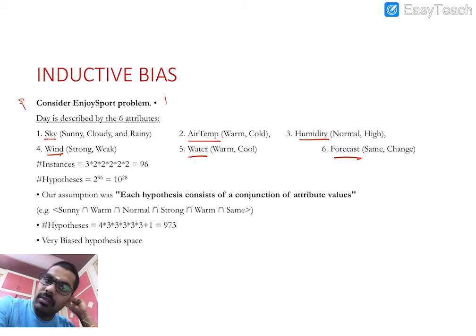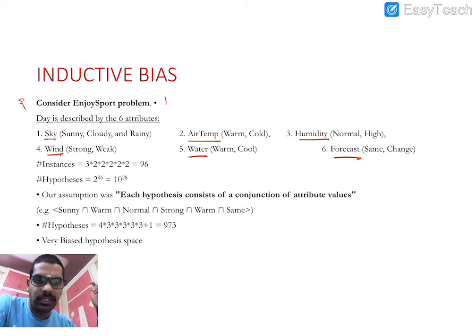And finally, whether he is going to enjoy the sport or not, that we decide in the last column. Sky has sunny, cloudy and rainy values, temperature has warm and cold, humidity has normal and high, wind has strong and weak, water has warm and cool, and forecast has same and change.